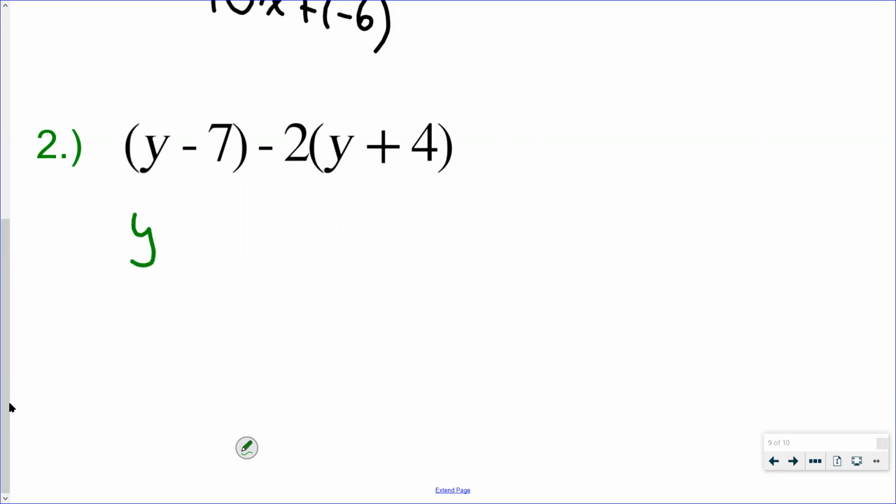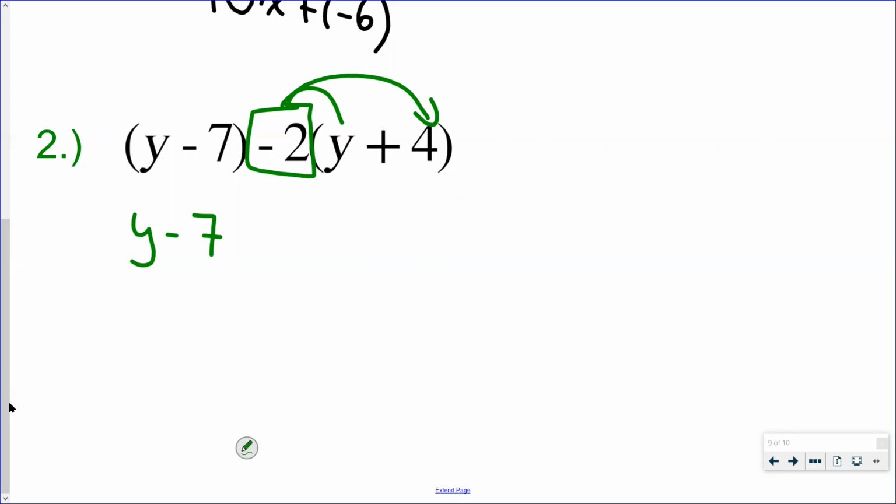So we're going to rewrite y minus 7 because there's nothing to do here. Now, this is the tricky part. This minus sign goes with this 2. So when I distribute the 2, I'm actually distributing a -2. So if it helps you to draw a box or whatever around the negative number with a variable to remind yourself that you have to distribute the negative, do that.